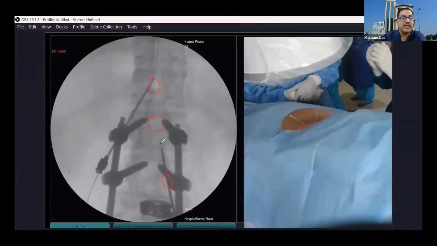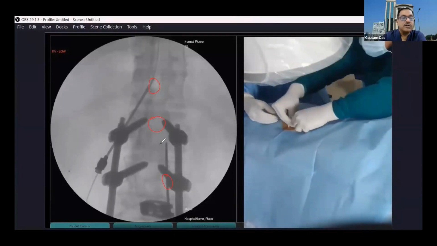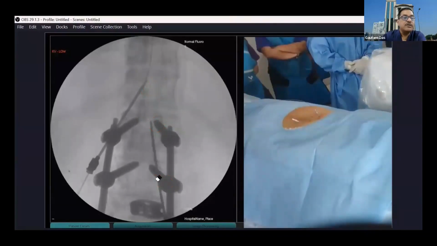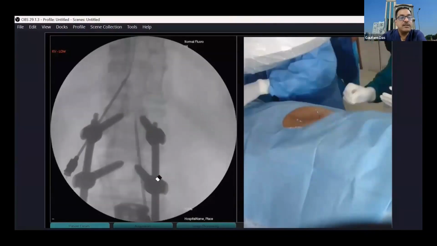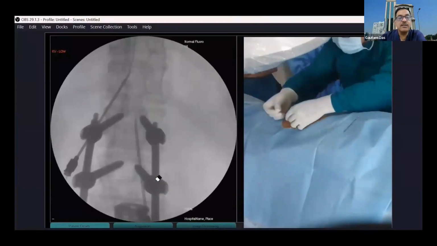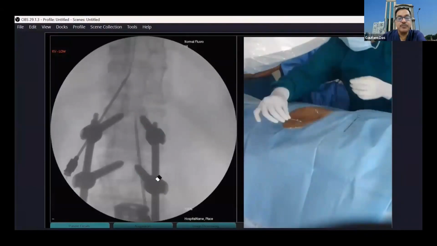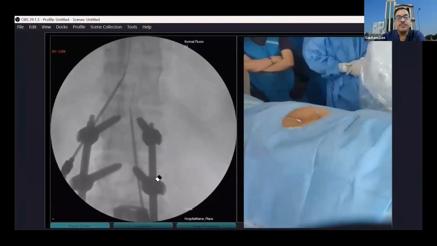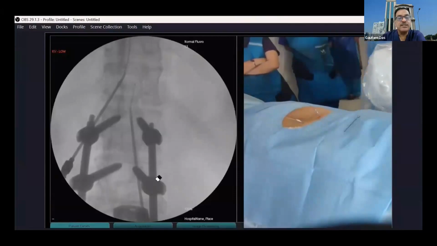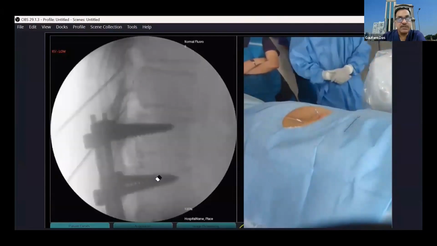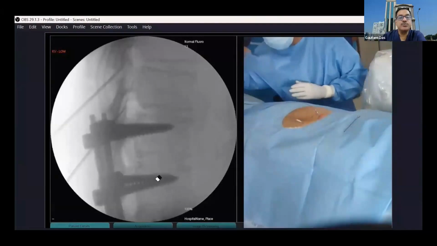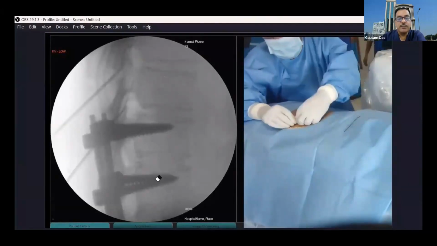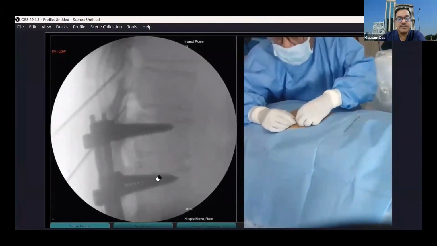And here on the right hand side, we are trying to put it 1 segment below, at the T12 L1 level. And in a similar way, first we are putting some guidewire to create this path, create the space, checking by the lateral view also to see whether the guidewire and the leads are going in the posterior epidural space or anterior epidural space.